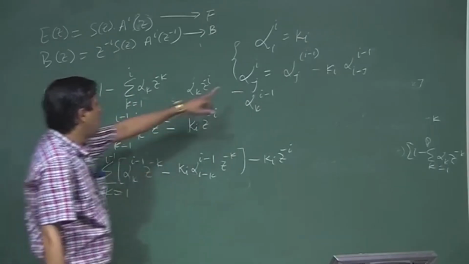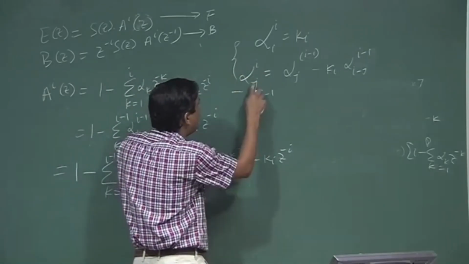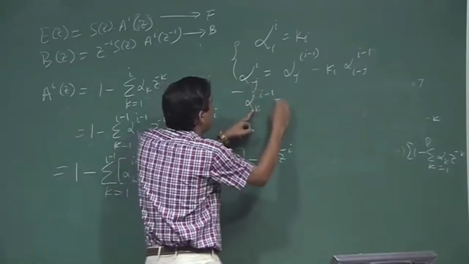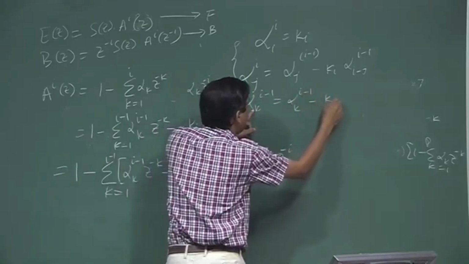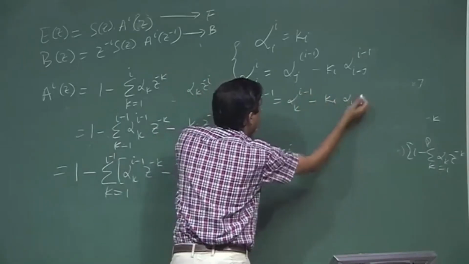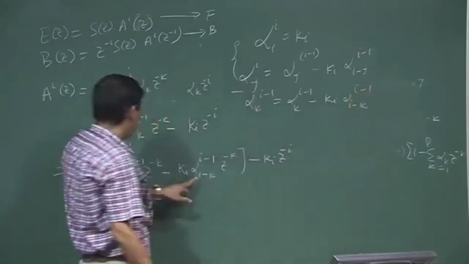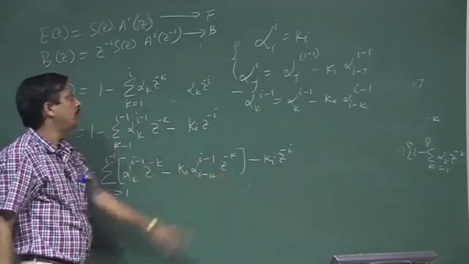Okay. So, alpha k, instead of j I put k. So, alpha k i minus 1 equals alpha k i minus 1 minus k i into alpha k i minus k i minus 1. That is why I write this, i minus k i minus 1 into z to the power minus k.